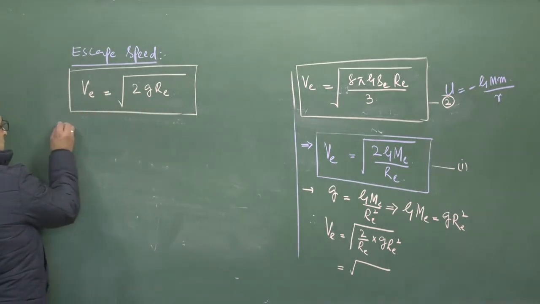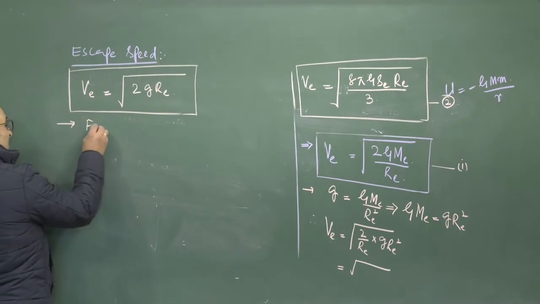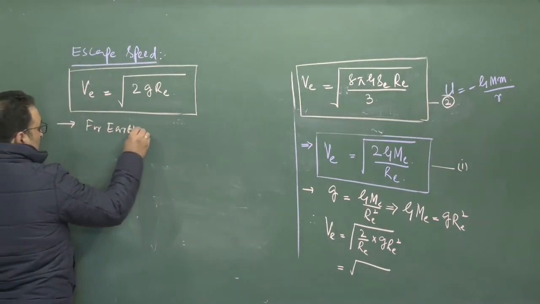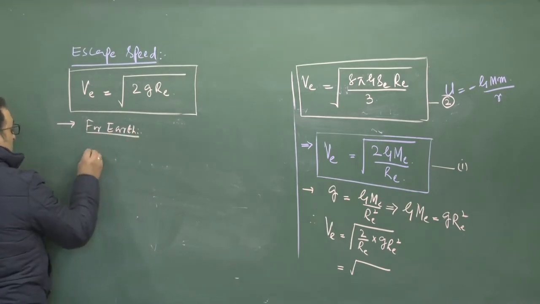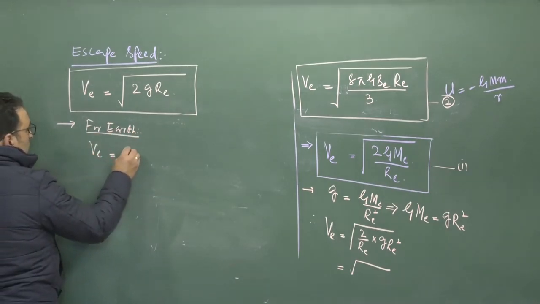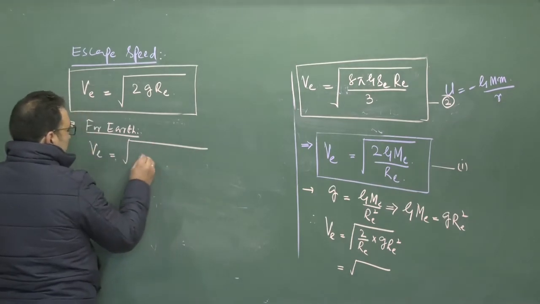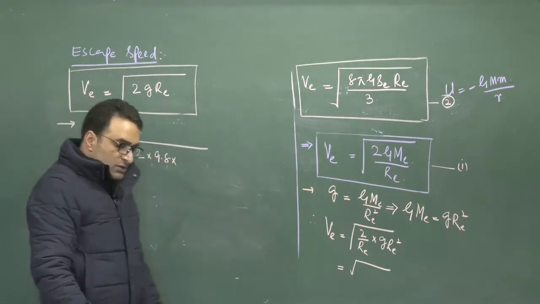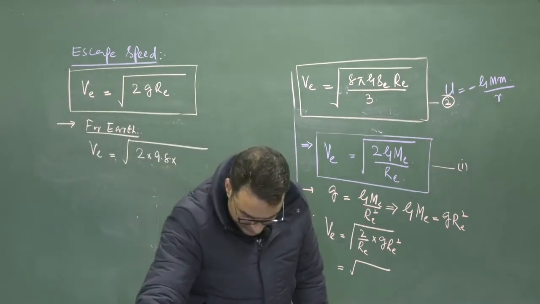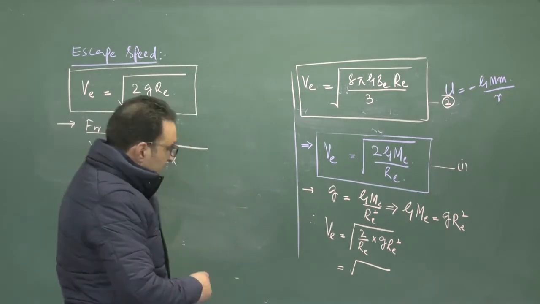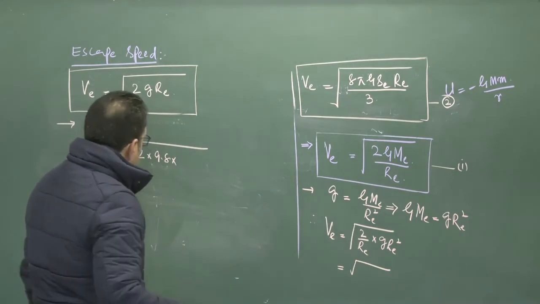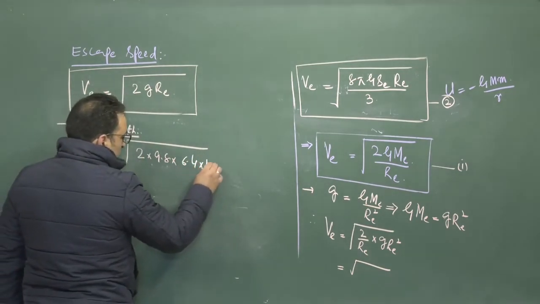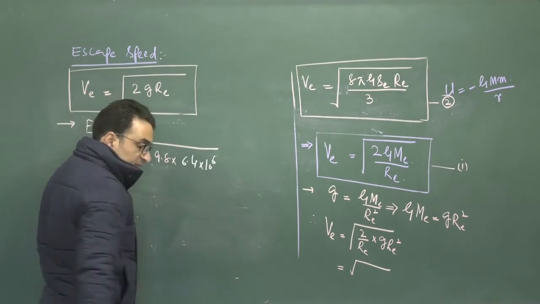Now for Earth, Ve is equal to under root of twice g, where g is 9.8, or to simplify the calculations, you can treat this as 10, and radius of Earth is 6.4 into 10 raised to power 6 meters.